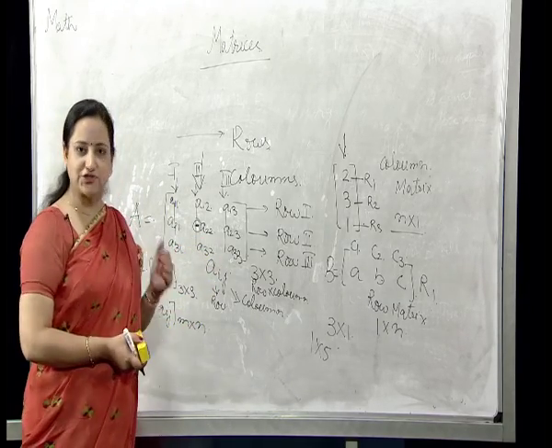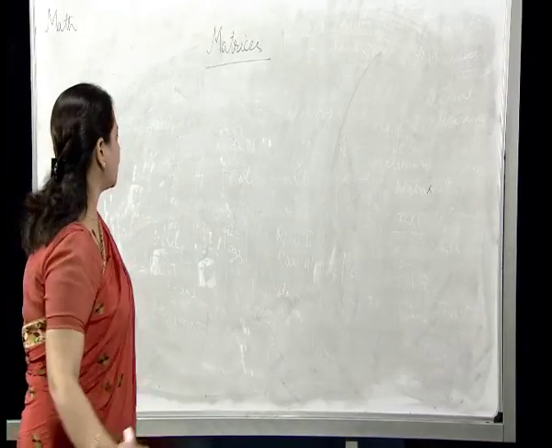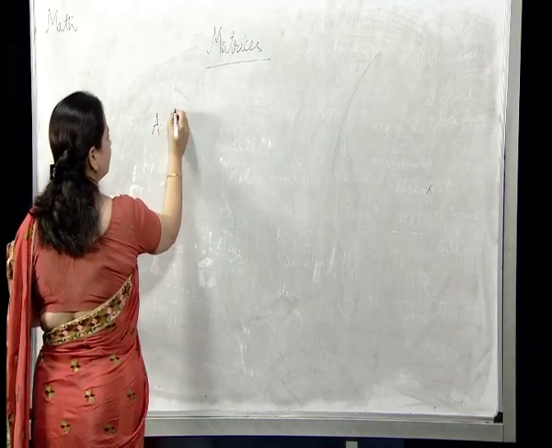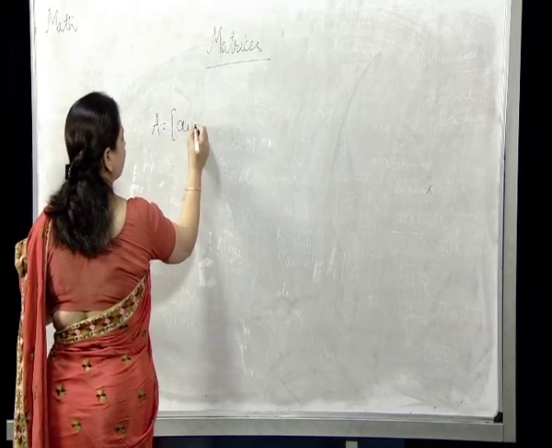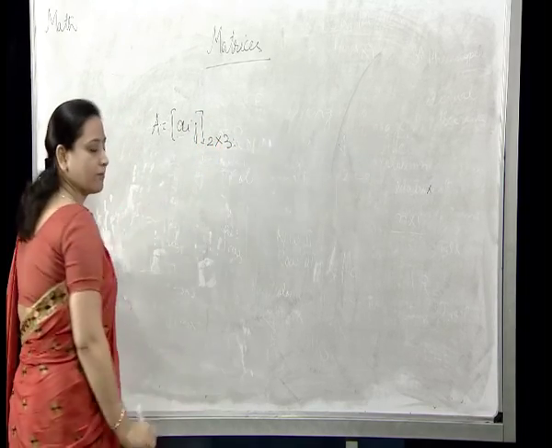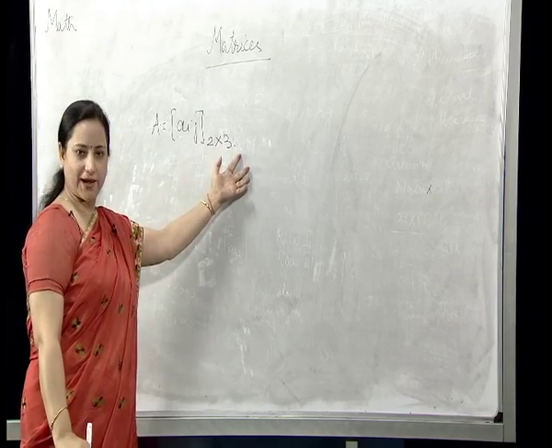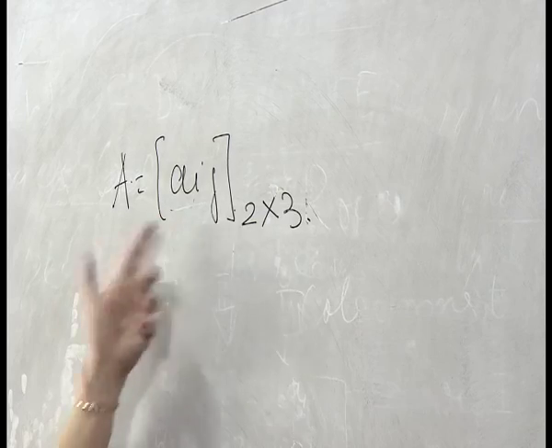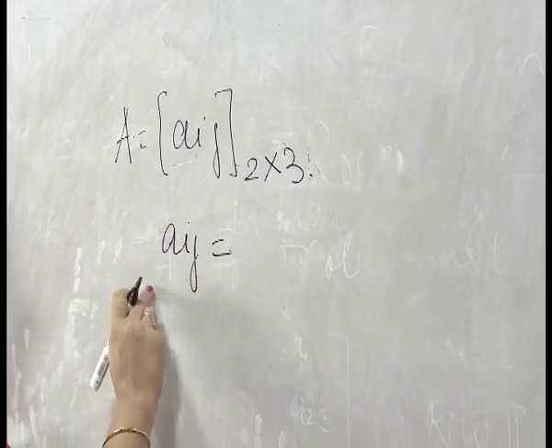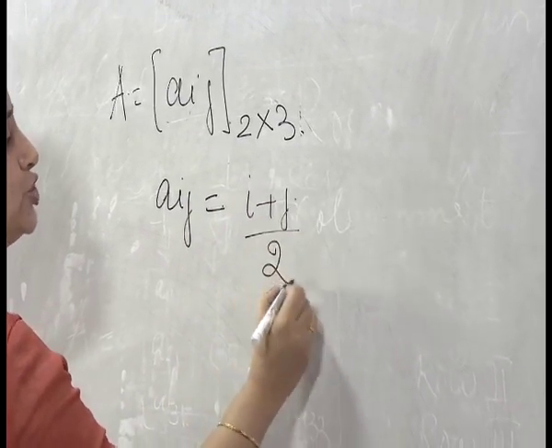Now let's construct a matrix. If you want to construct a matrix A of order 2 by 3, and it is given that the element Aij is given by (i plus j) by 2.